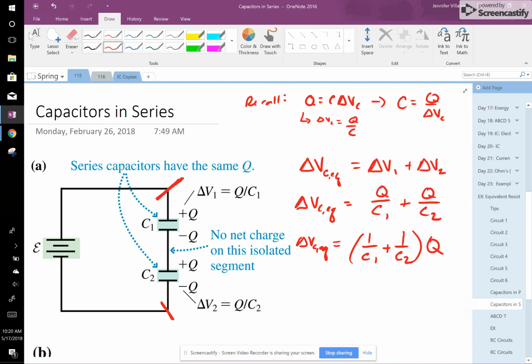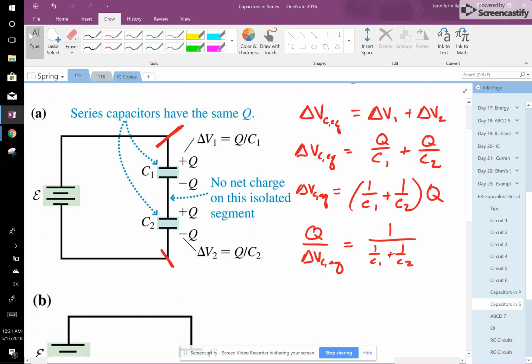And so, right, I can go one more step just to make it really clear. If I do my delta V, I want to get the Q over the delta VC equivalent, which would be 1 over C1 plus 1 over C2.